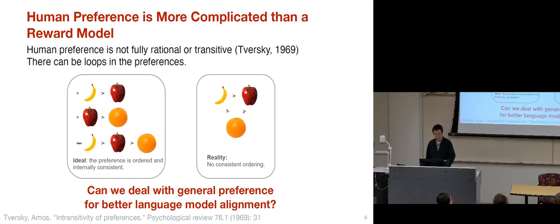If you prefer banana to apple, and apple to orange, and the preference satisfies the transitivity property, then you can immediately know that this person prefers banana to orange. However, in many situations, it's possible that someone prefers banana to apple, and apple to orange, and then prefers orange to banana.